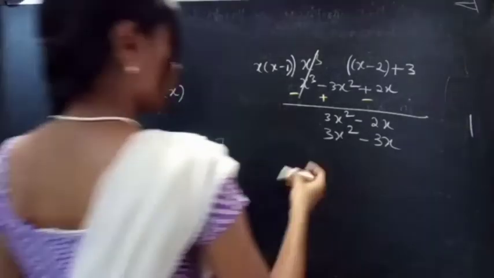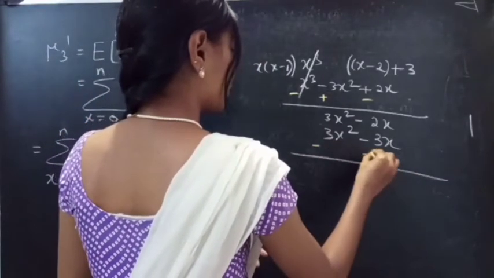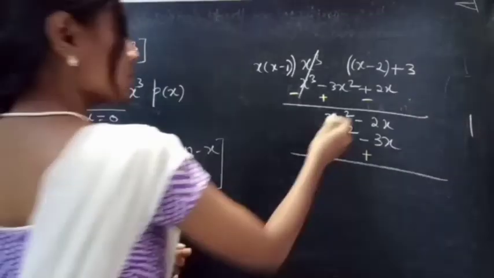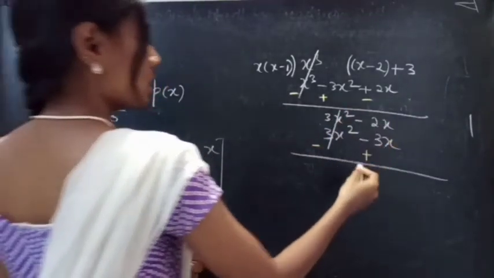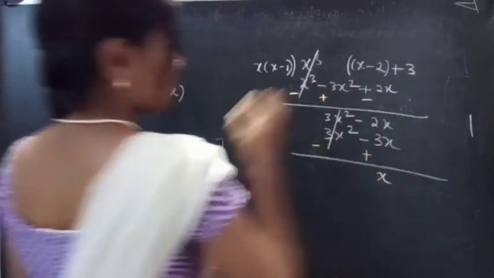Now change the signs. Here you can cancel 3x square minus 3x square, and plus 3x minus 2x is x.